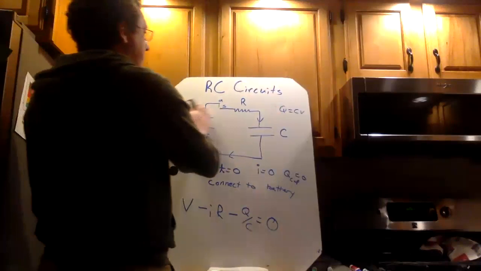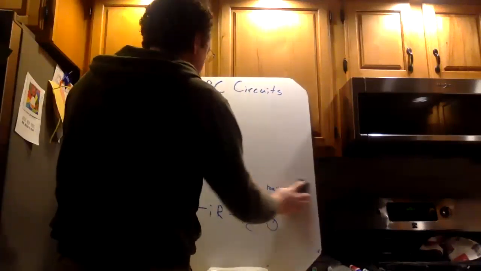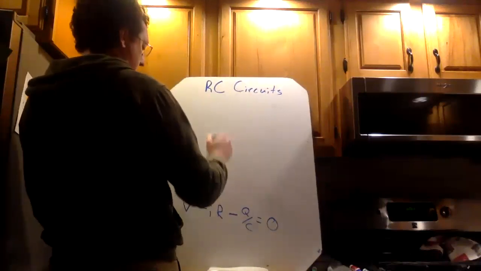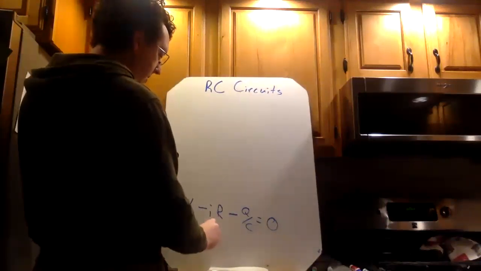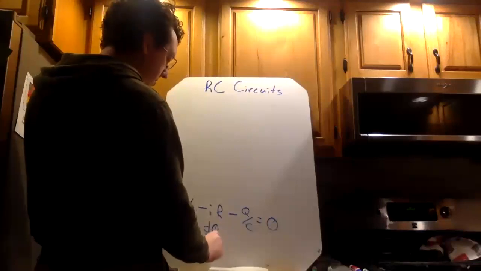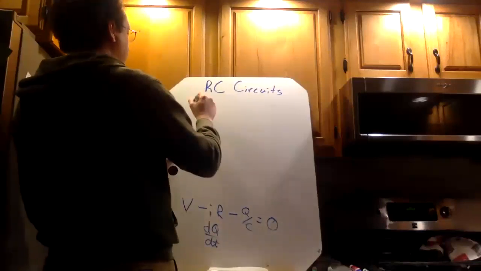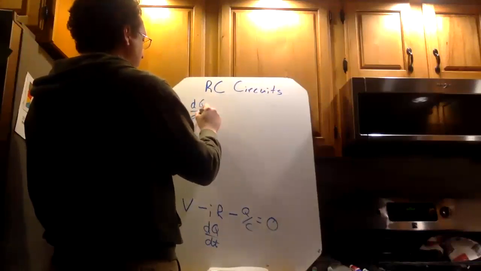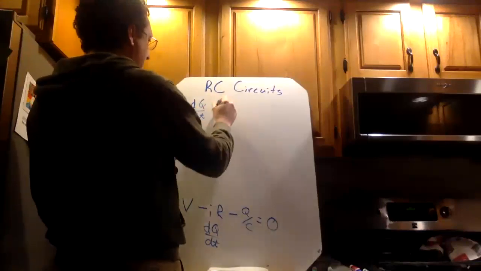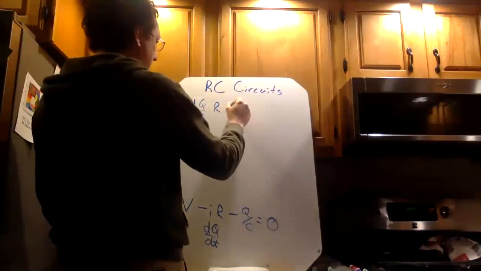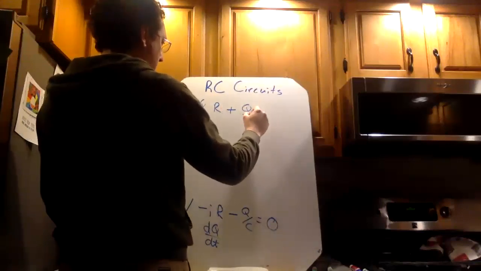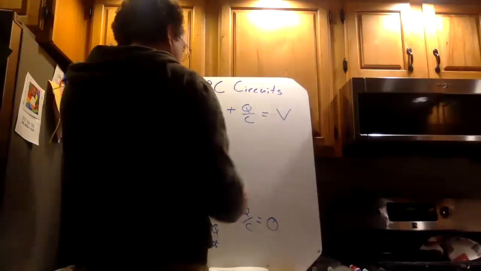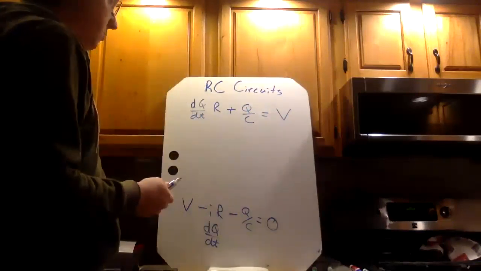Now that's a little different kind of equation. But it turns out most of you should be very familiar with this, because I can rewrite this, remembering I is equal to dq/dt, as R dq/dt plus Q over C equals V, for a constant voltage source.